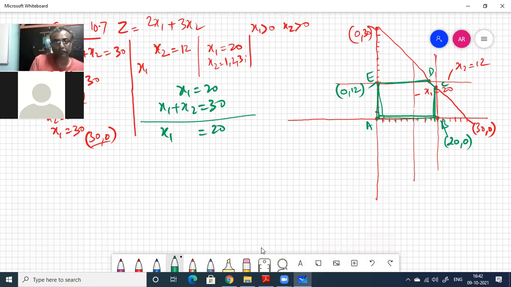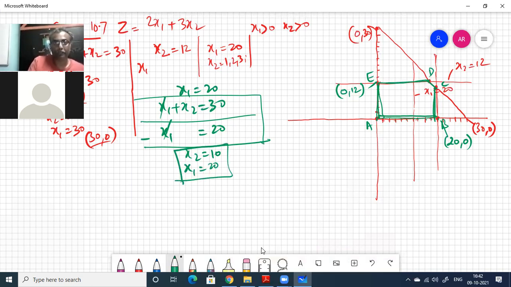You subtract this from this. This one gives x2 is equal to 30 minus 20, that is 10. So x1 equal to 20, x2 is equal to 10. This is one point, 20 comma 10.